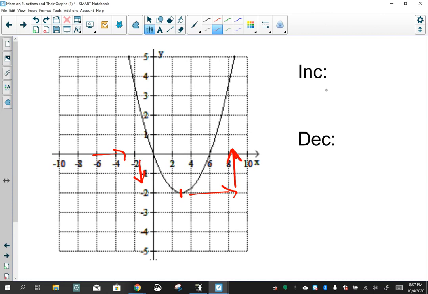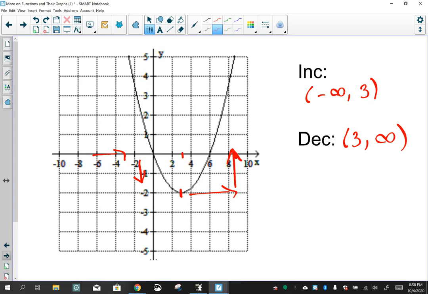So for my increasing, I come from negative infinity still, because remember, when you're dealing with these, it's always x values, never your y values. I'm going to go all the way up to, that looks like the number 3. Then I turn, and from 3, I go off into positive infinity. So again, when we deal with functions, we only deal with the x values themselves. We do not deal with anything else.